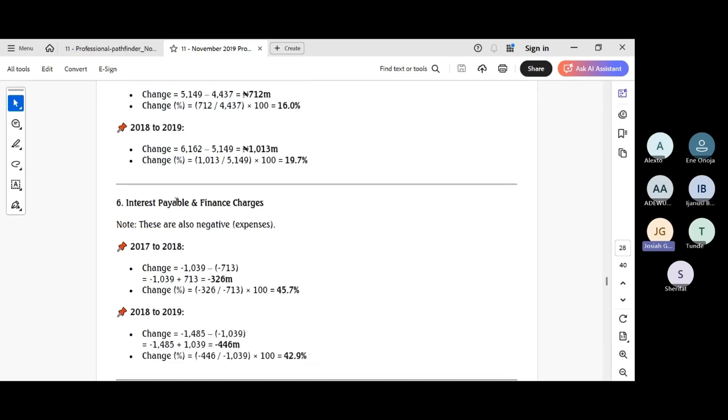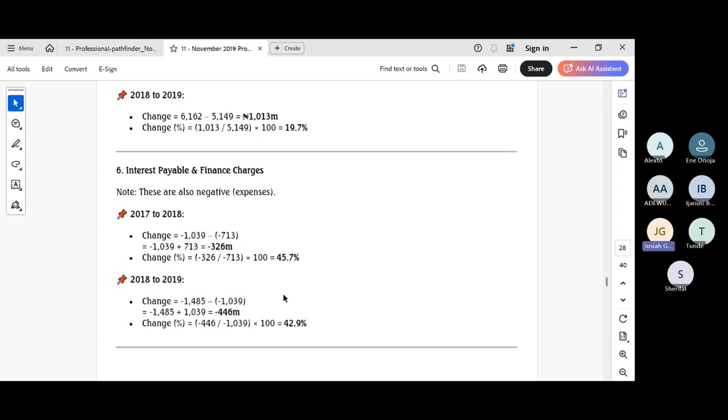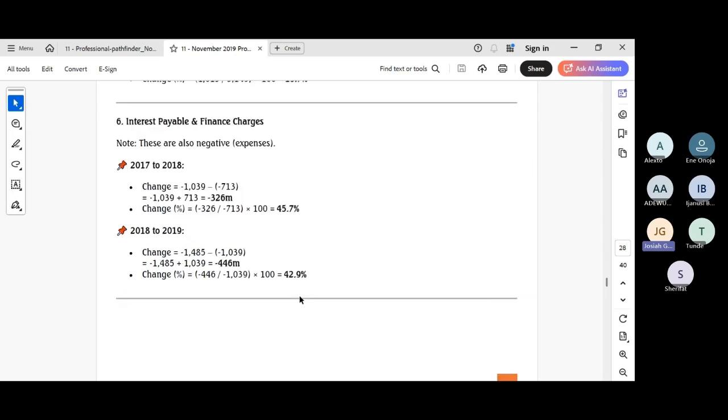So you can see this interest payable. We have negative figures, and that culminated in negative results and the percentage of the same. So we have 45.7 for interest payable and finance charges, and for 2018 and 2019 49, or let's say 43% approximately.